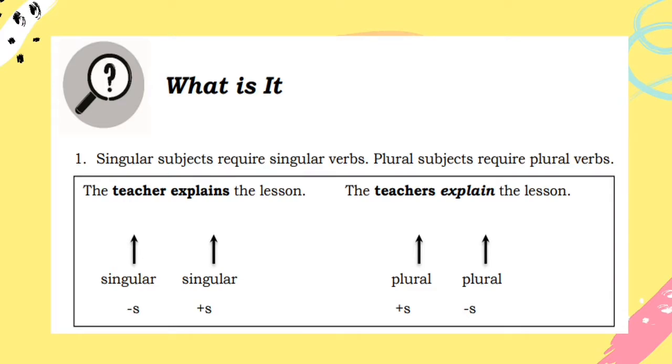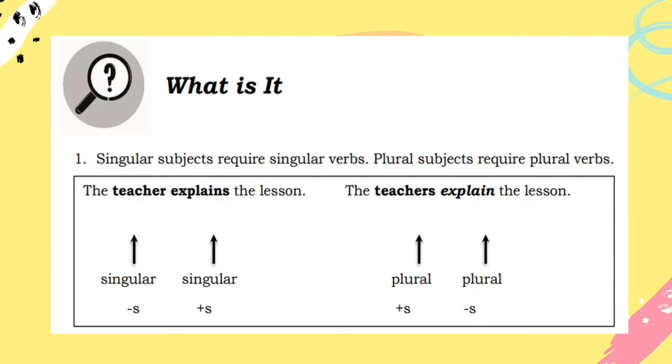Singular subjects require singular verbs. Plural subjects require plural verbs. Example, the teacher explains the lesson. Teacher is singular because it only refers to one person.